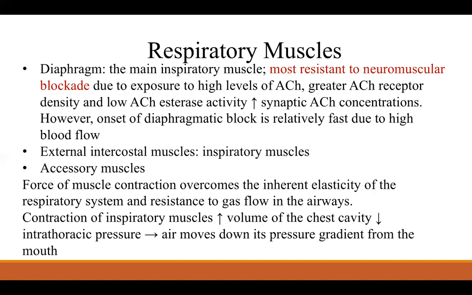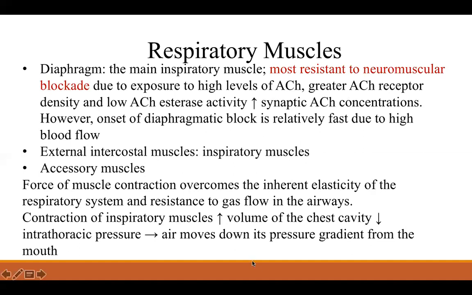All of those have to be overcome through muscle contraction to make air move in or out. And that's typically easily handled by the muscles of respiration. So the basic details of the muscles here, these are inspiratory muscles we're talking about, including the diaphragm and external intercostal muscles.